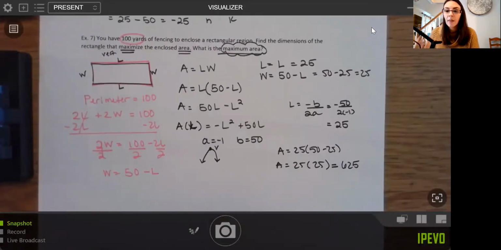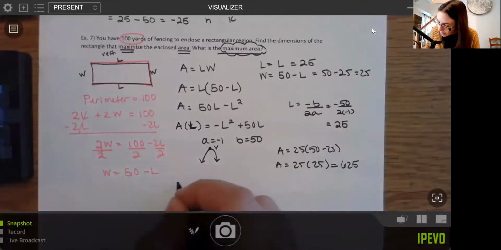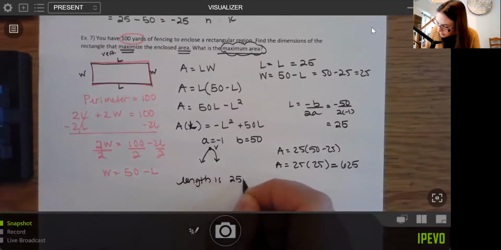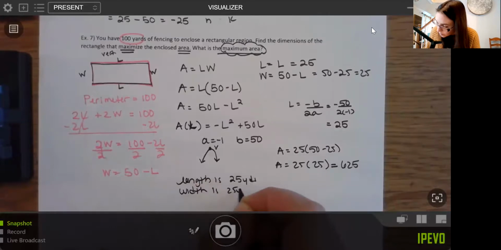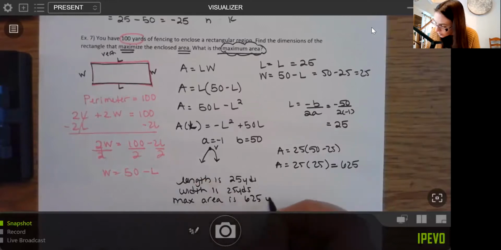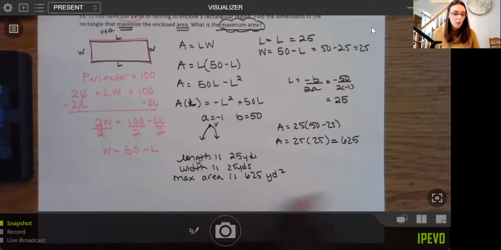The dimensions and then the maximum area. So my length is 25 yards and my width is also 25 yards. So I end up actually with a square and the maximum area is 625. And just watch your units. It's going to be square yards or yards squared here.